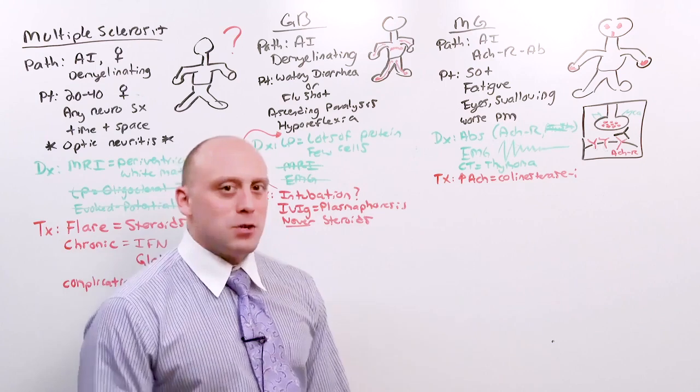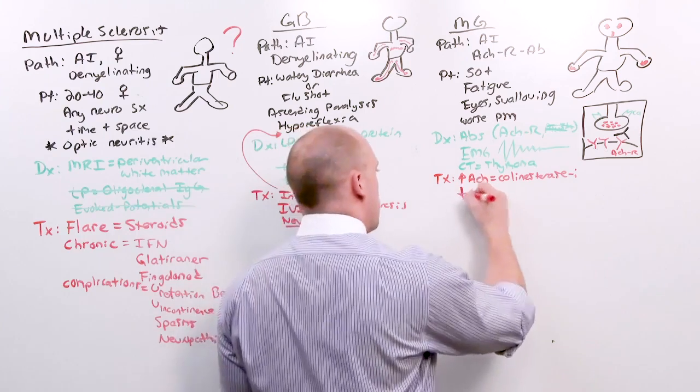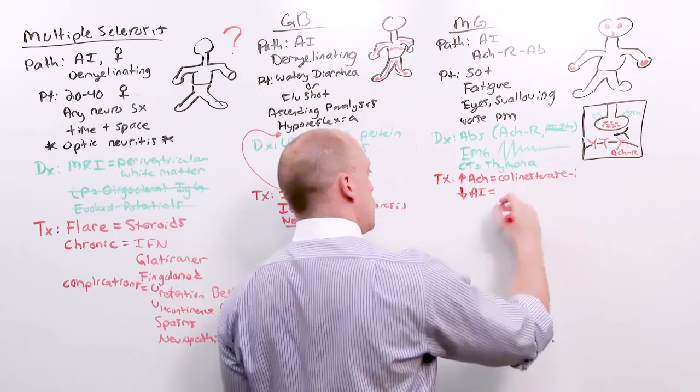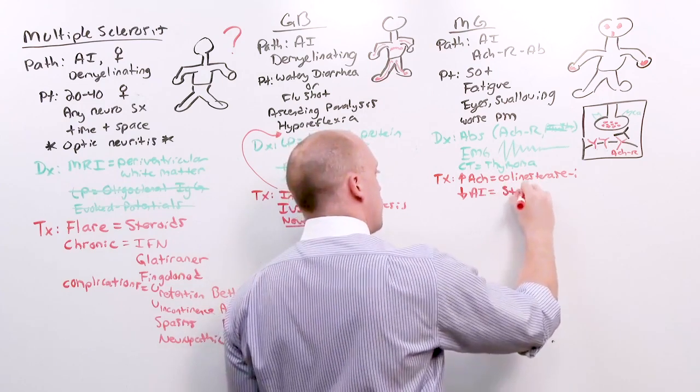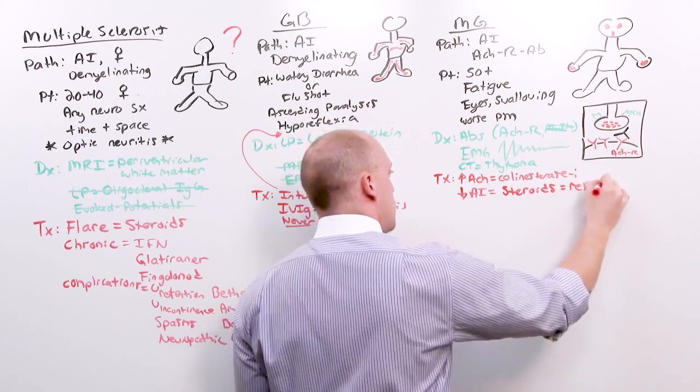But you also want to decrease the autoimmune component. So in cases that are not controlled by the stigmines, pyridostigmine, for example, you use steroids. This is in resistant disease.